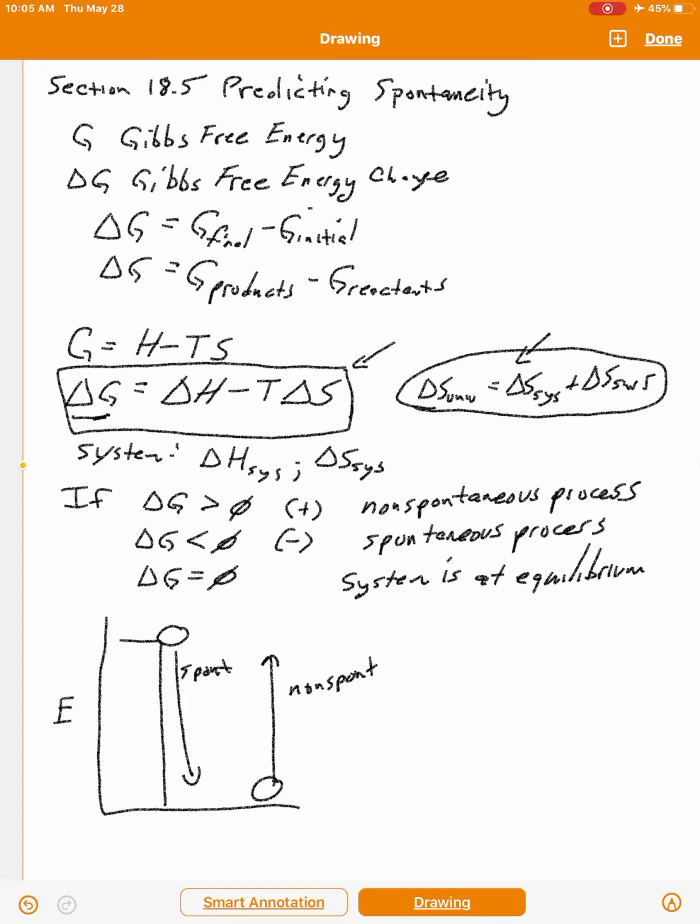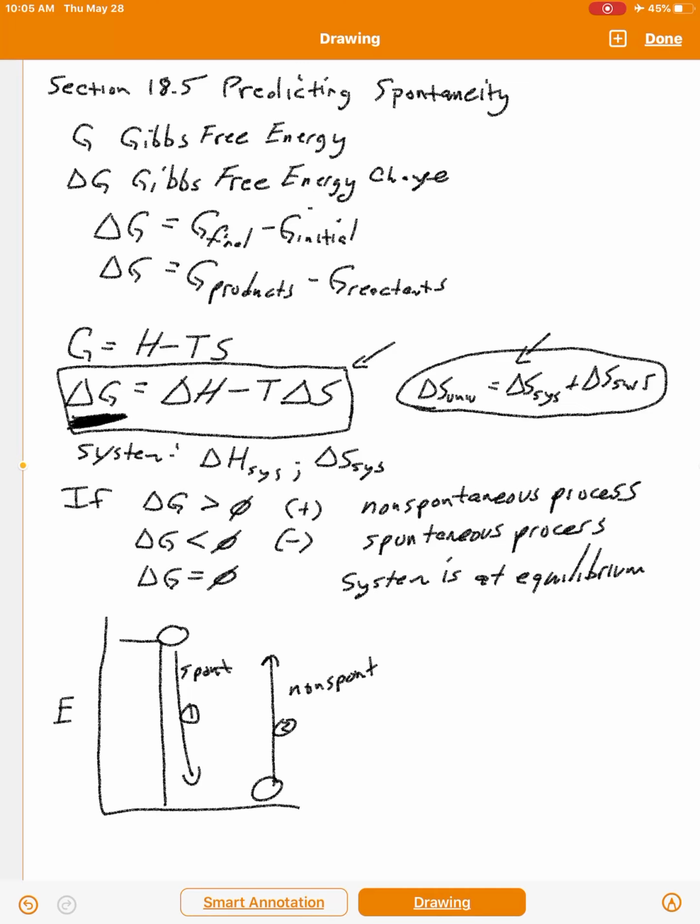So in the first case, the spontaneous process, the potential energy is decreasing. Whereas in the second case, the potential energy is increasing. This process is non-spontaneous, meaning you have to put energy in for it to occur. It doesn't happen on its own under those conditions.